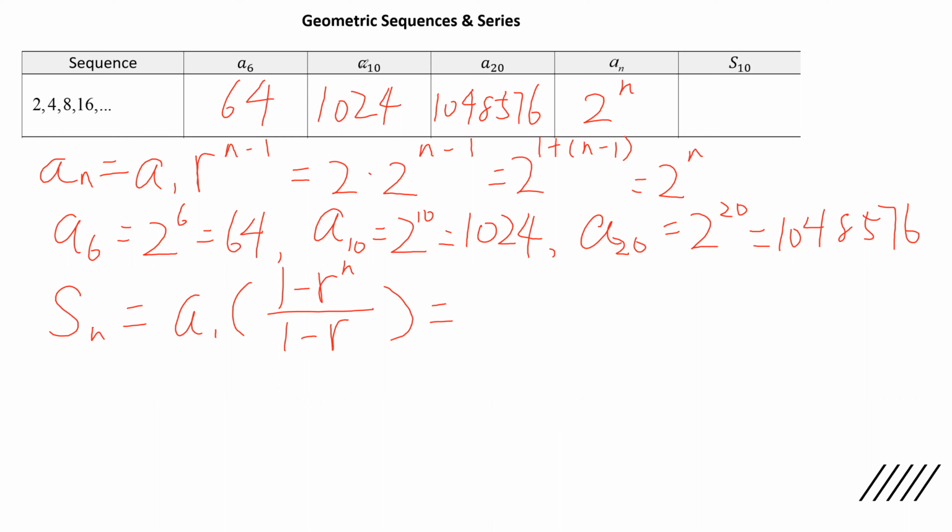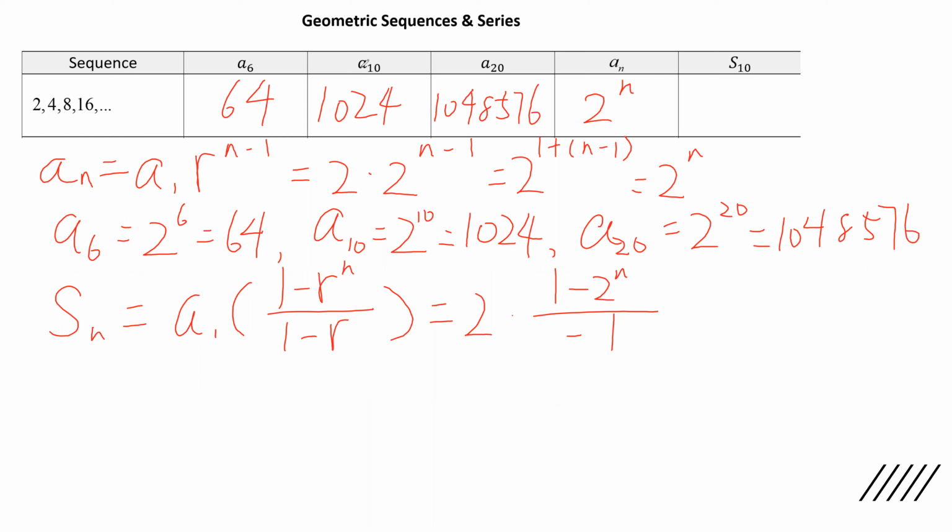So in this case, the first term is 2 and the common ratio is 2. So that will be 1 minus 2 to the power of n, over 1 minus 2. So that will be -1.